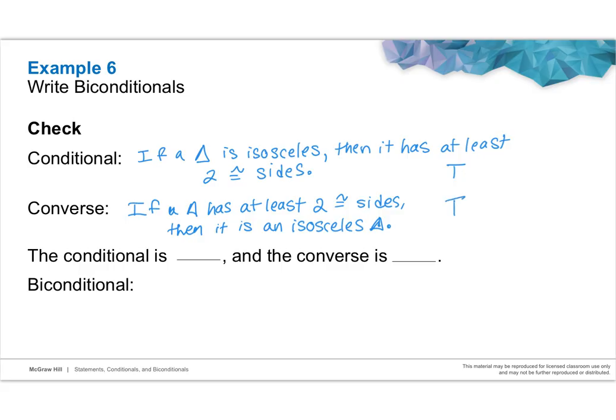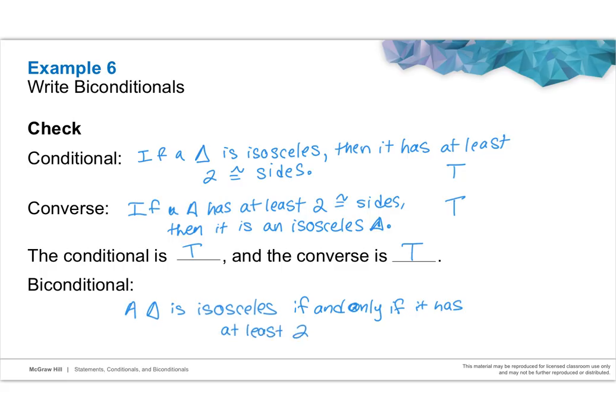So here we have a definition that we can now write as a biconditional statement. The conditional is true, the converse is true. So the biconditional says a triangle is isosceles if and only if it has at least two congruent sides.